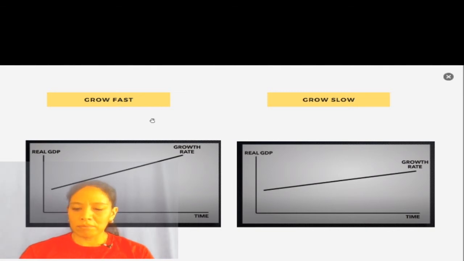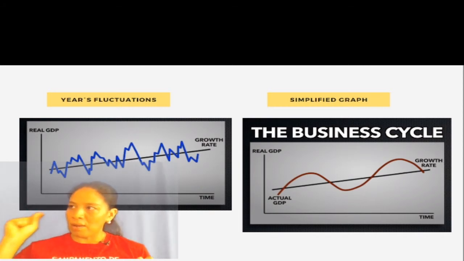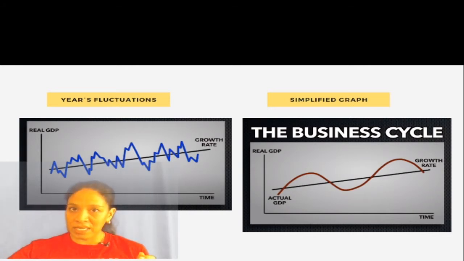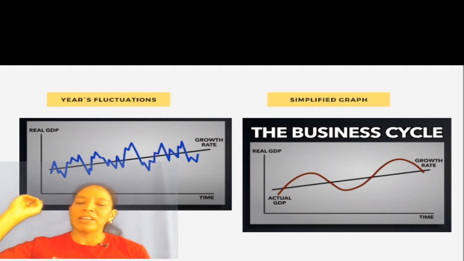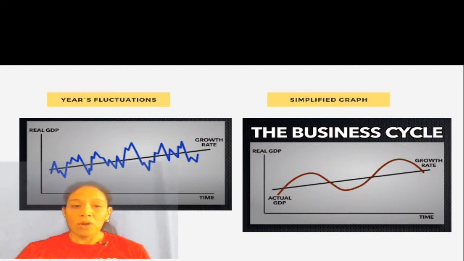So then we have by year's fluctuation. If we are recording and we're putting line by line, dot by dot, what the indicator gives me, okay, the GDP in 2010, the GDP in 2011, and so on and so forth until I get to 2020, okay, I'm going to get a graph, and I connect the dots, I'm going to get a graph kind of like this, okay.